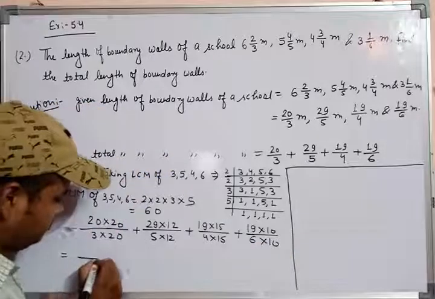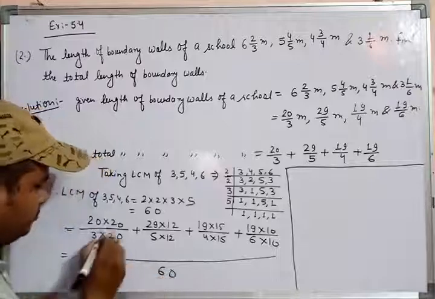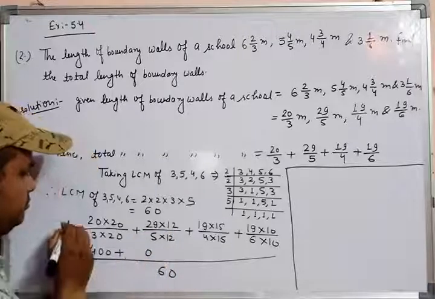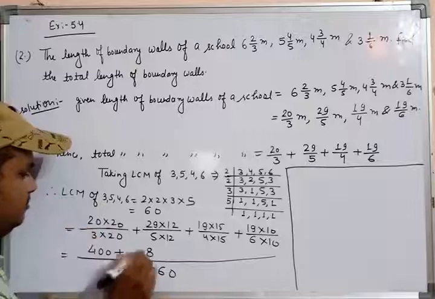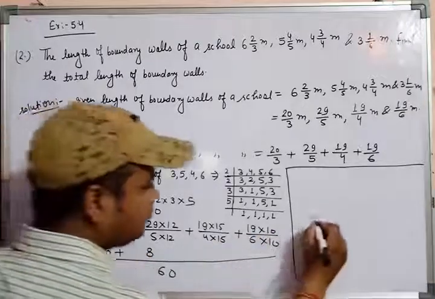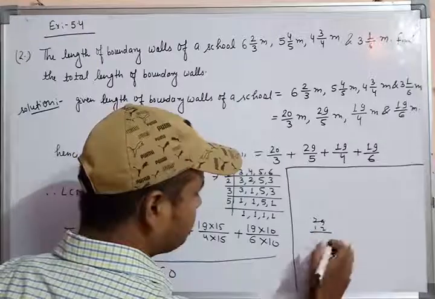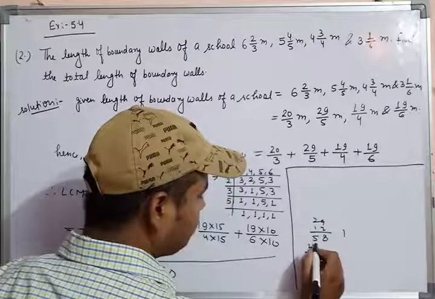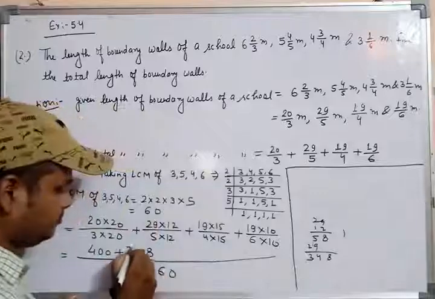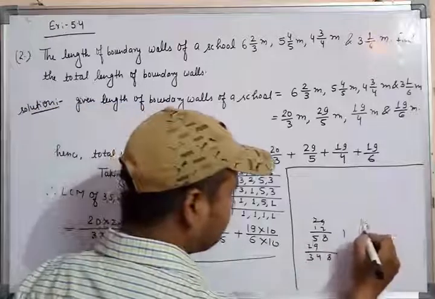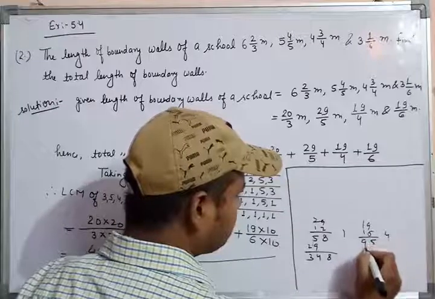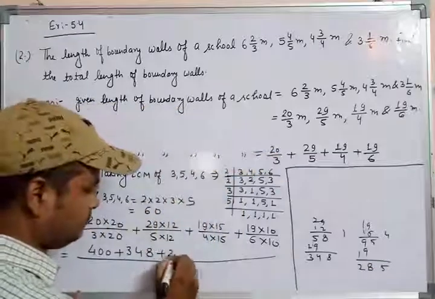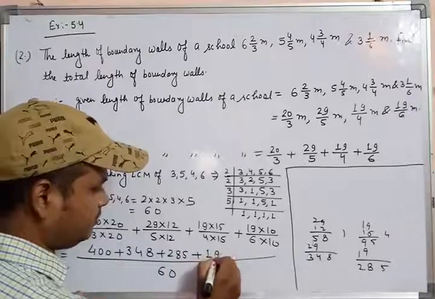Then we can write over 60. Now 20 twenties are 400 plus 12 nines are 108, plus 19 into 15 is 285, plus 190.